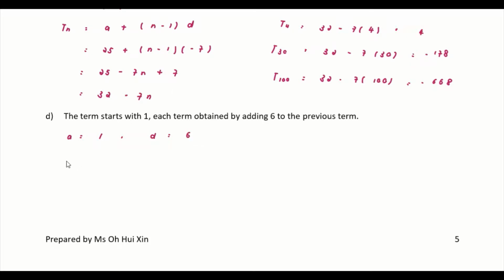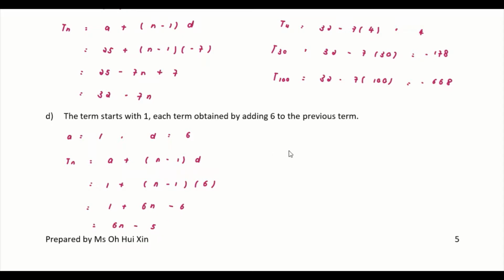So now let's try to find the nth term. So Tn equal to a plus n minus 1 d. Then after that substitute 1, n minus 1, and then 6. And from here we get 1 plus 6n minus 6, and that gives us 6n minus 5.